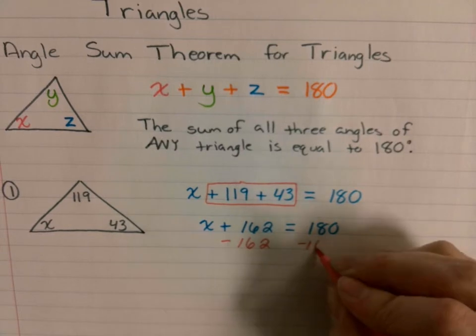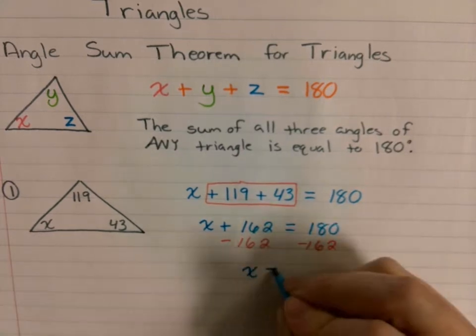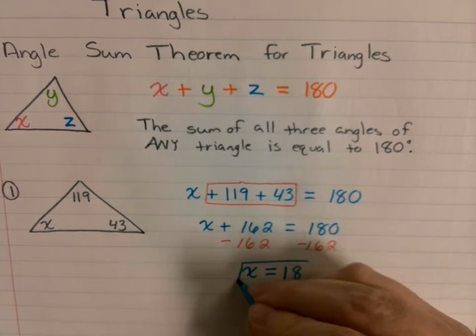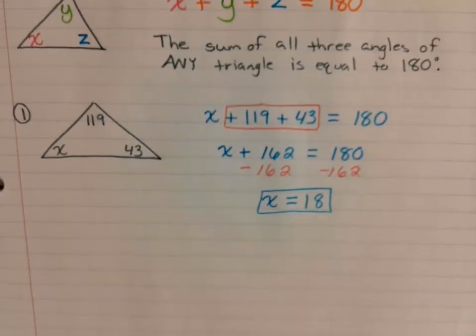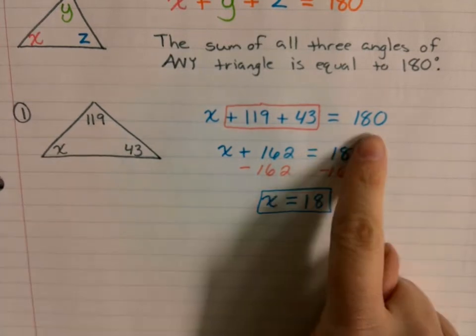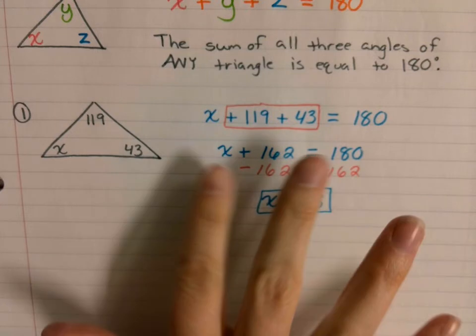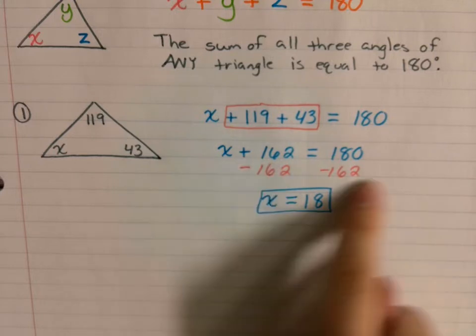Okay, and that's going to give us x equaling 18 degrees. It's very simple, very straightforward, a basic skill set. You're just adding all three angles together and setting it equal to 180. You simplify your expressions first by combining like terms, and then you solve the equation by doing inverse operations.